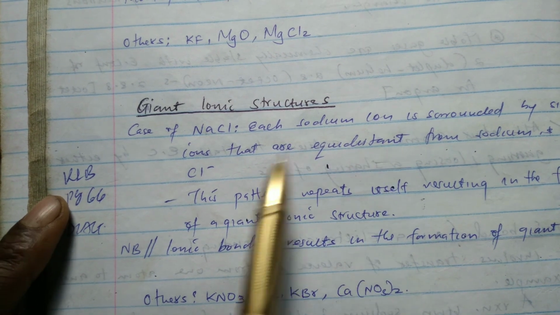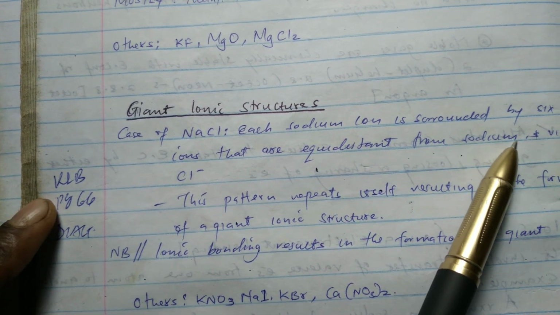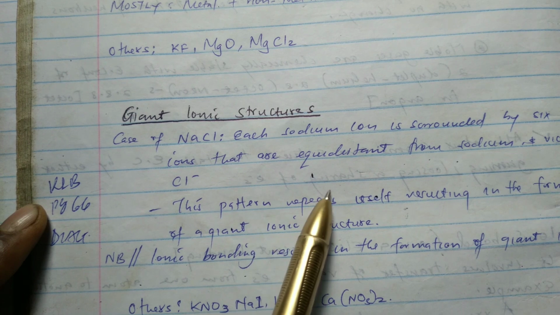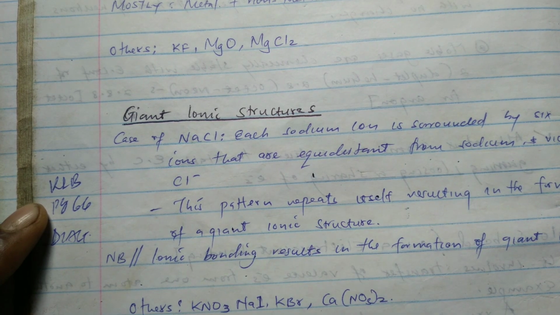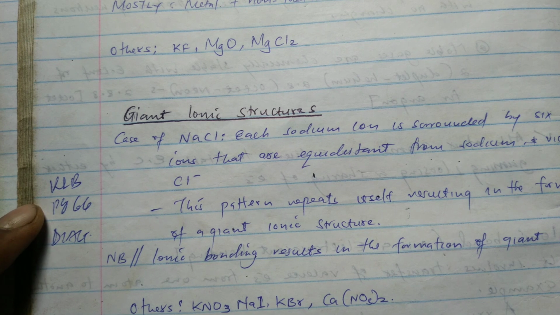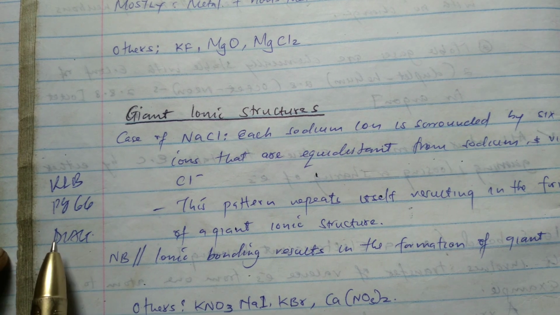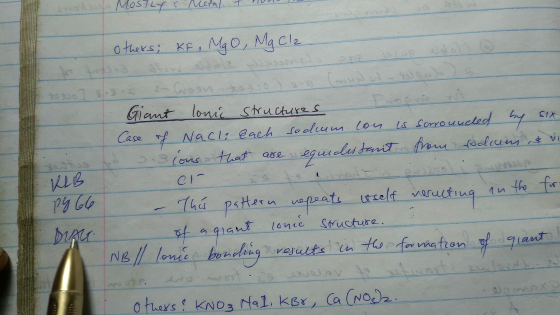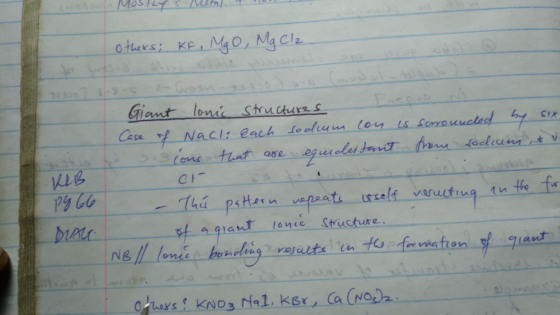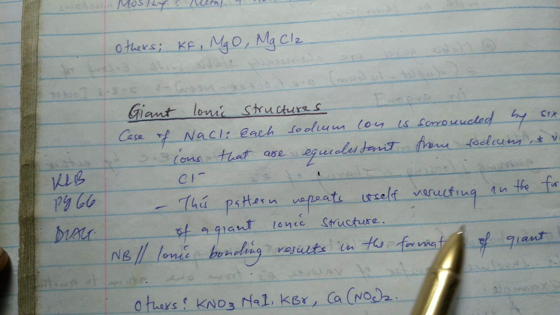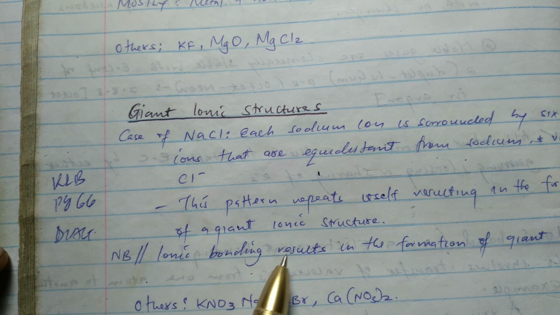Each sodium ion is surrounded by 6 chloride ions that are equidistant from sodium, and vice versa. I'll give you an assignment: you'll get that picture very well when you look at KLB on page 66. This pattern repeats itself, resulting in the formation of a giant ionic structure.